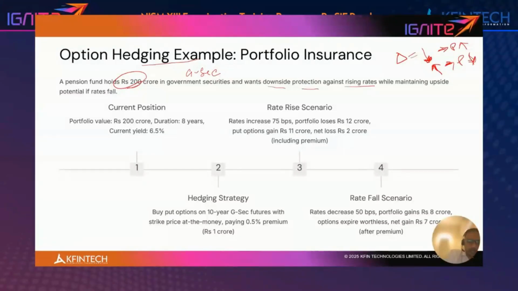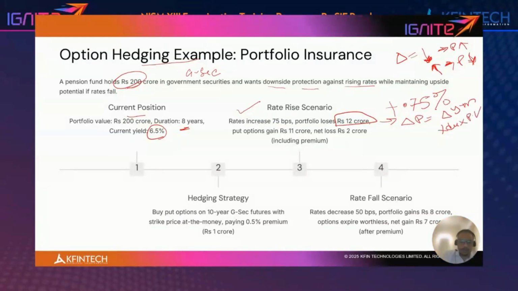So the current position is 200 crores and duration is 8 years. Current yield is 6.5. Let's take a scenario where the rates increase by 0.75 percentage. Portfolio loses 12 crore. That is the expected change in portfolio value, because that is change in YTM into duration into portfolio value. That is the formula that we have seen. When you put all those things, you get a net 12 crore loss.